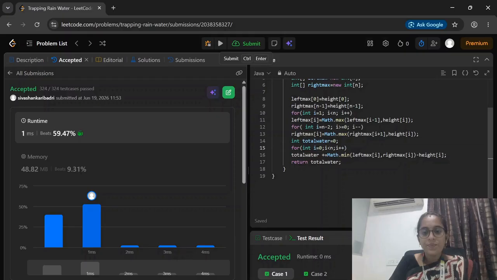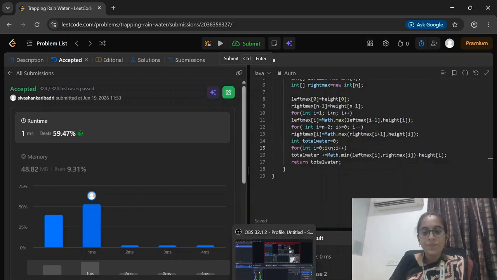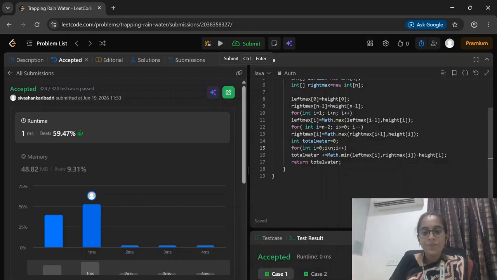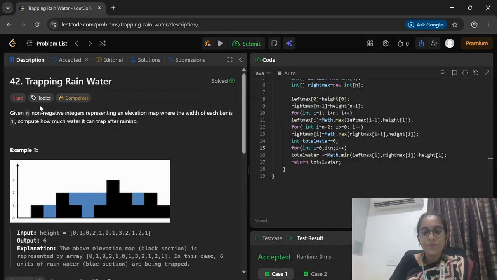What is the space complexity of this problem? The space complexity is also order of n, because we are using array space here. Compared to this, we can solve the problem in many different ways.